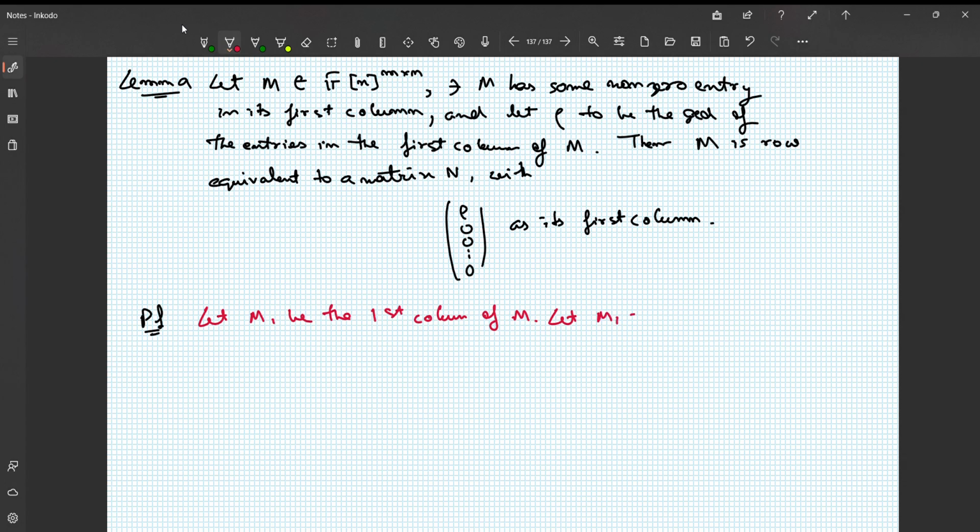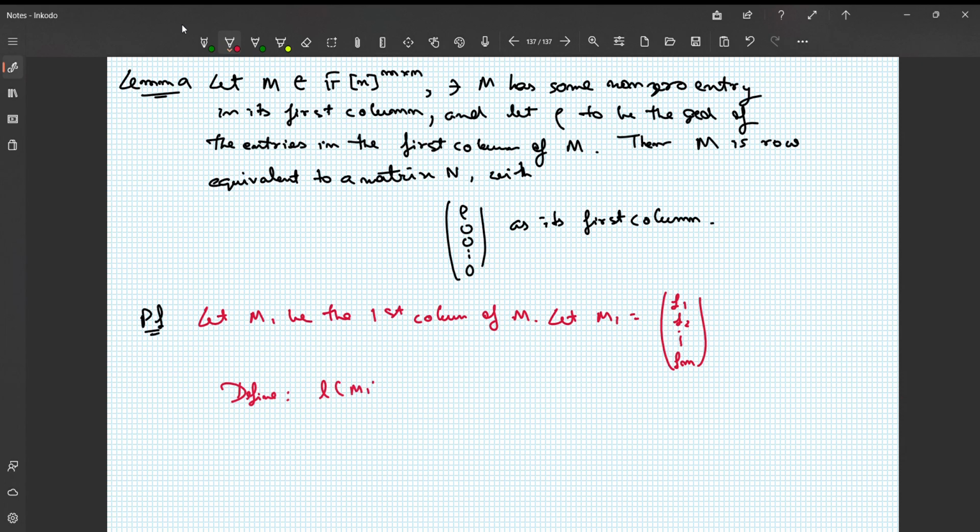Let us give a structure to M1. Let M1 be F1, F2, and so on, till, say, Fm. The matrix has dimension m cross n, right? So there should be m elements.